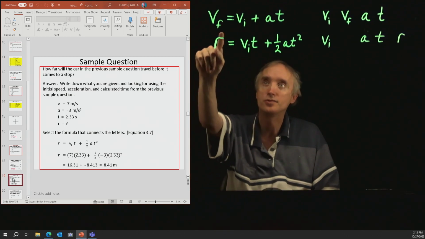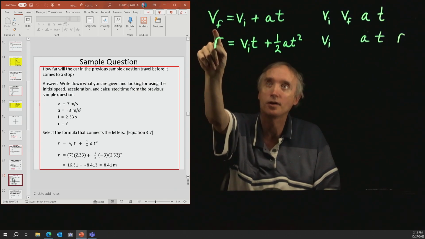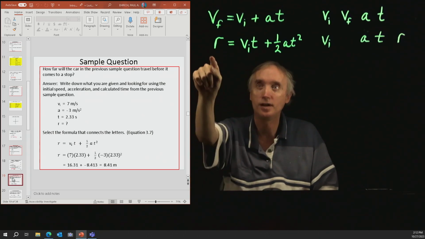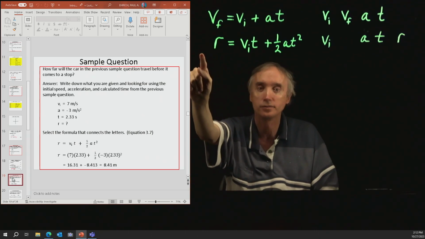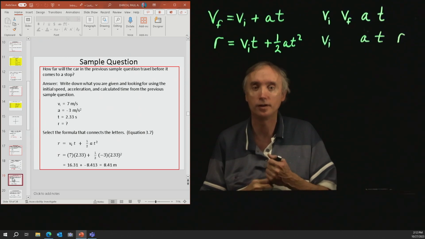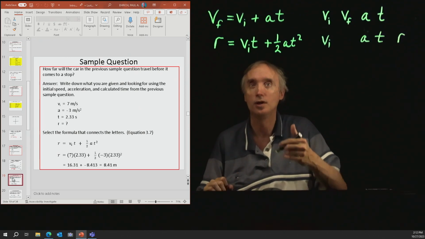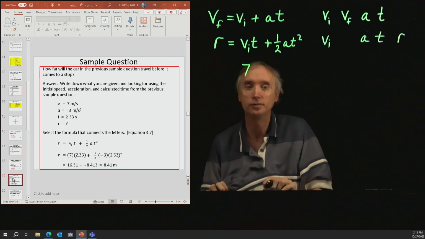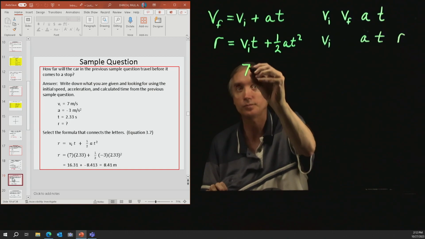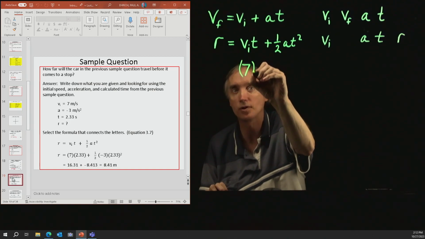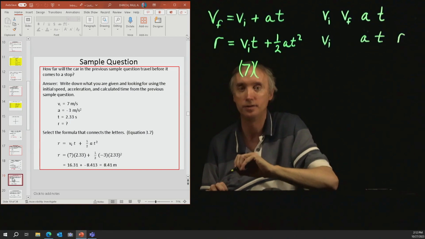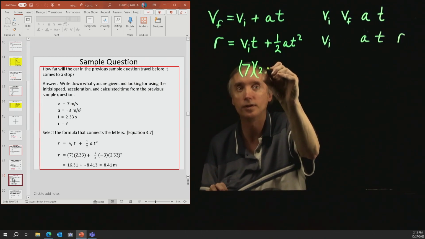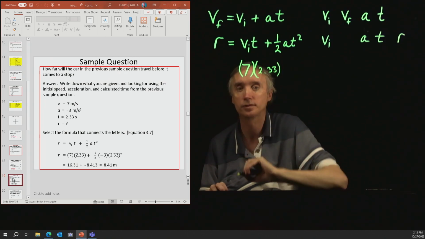We can't use this one because notice the letter R is not in the formula. So we've got to use this equation here. We're going to write down the formula and then substitute into it. We know that the car was initially going at 7 meters per second, and in the previous problem we calculated that the time it would take to come to a stop would be 2.33 seconds.